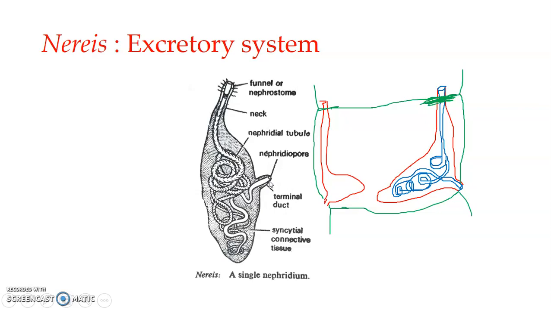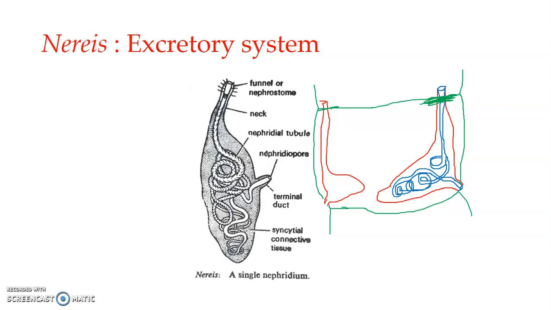I hope you remember the ventral cirrus is a structure closer to the neuropodium of the parapodium, and the nephridiopore opens out closer to it. The nephridiopore is guarded by a sphincter.